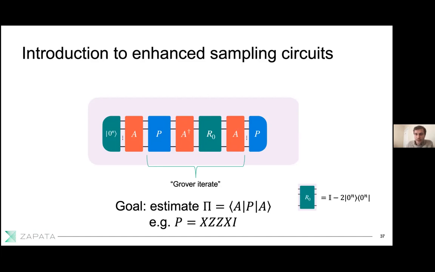And so the main unit we introduce is using these Grover iterates on top of the ansatz preparation. And then this is followed by a measurement of the Pauli string, and we receive a binary outcome again. And so maybe I'll point out that compared to phase estimation or amplitude estimation, this technique is not requiring the use of additional ancillas. So in that way, it's similar to standard sampling of VQE.